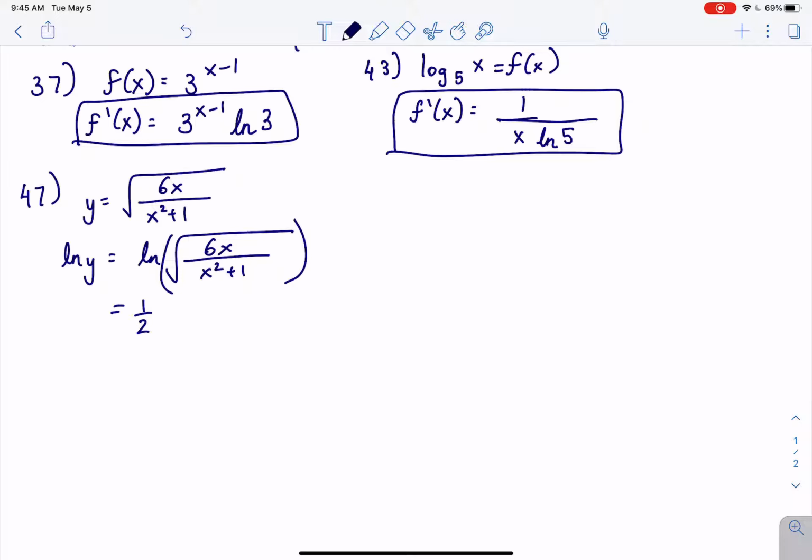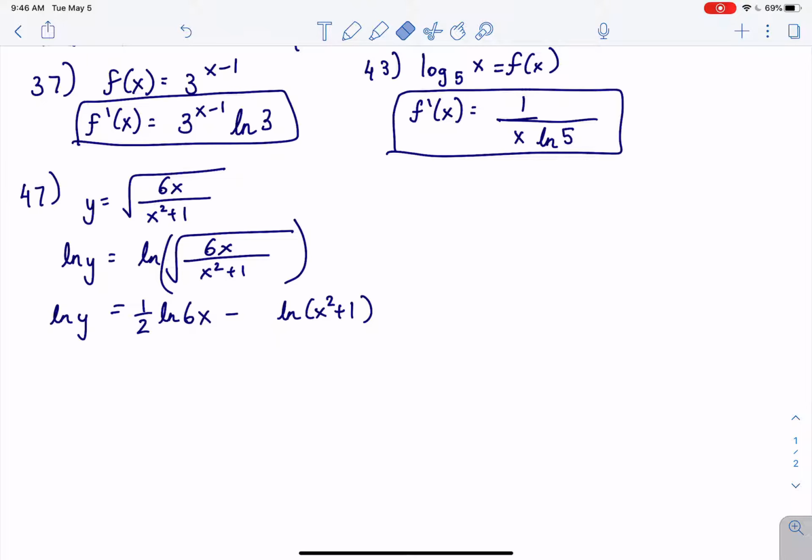And then I can separate the 6x and the x squared plus 1 because those are divided inside a log. That means they can be subtracted. So I'll really have 1/2 natural log 6x minus 1/2 natural log x squared plus 1, and that equals natural log y. At this stage, I can take the derivative of everything.